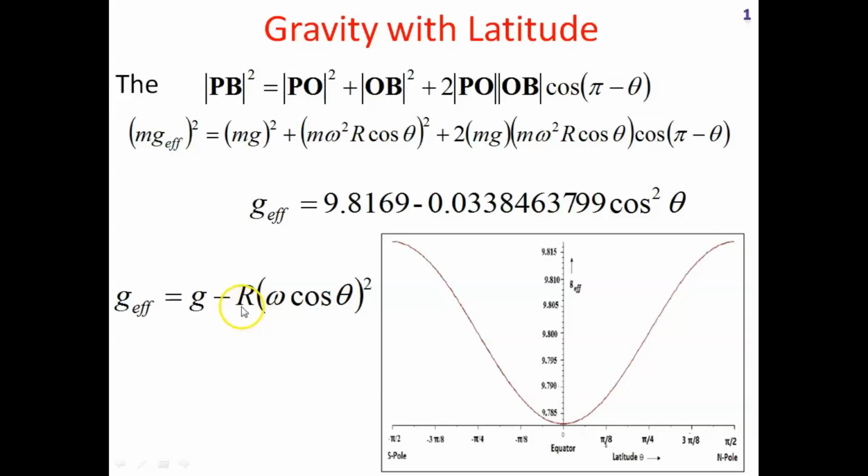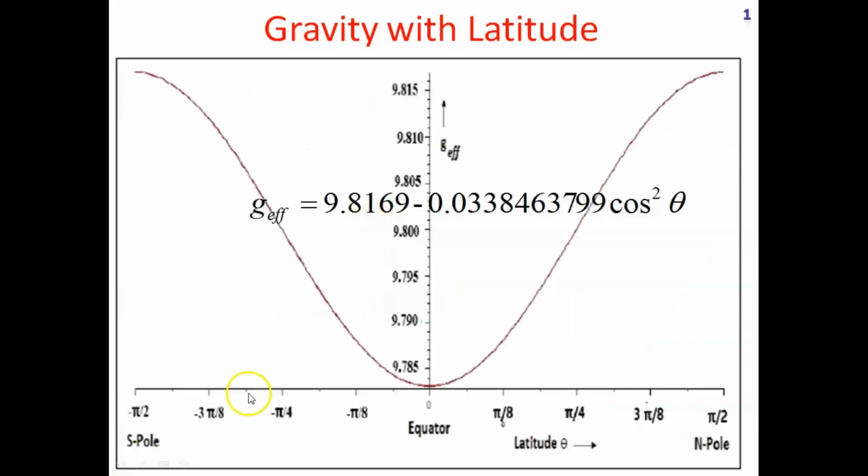So here we are subtracting the maximum value, that is r omega square, and gravity is minimum. So as one travels towards the pole, the effective gravity increases up to 9.816. So this graph gives a closer look at the numerical values.